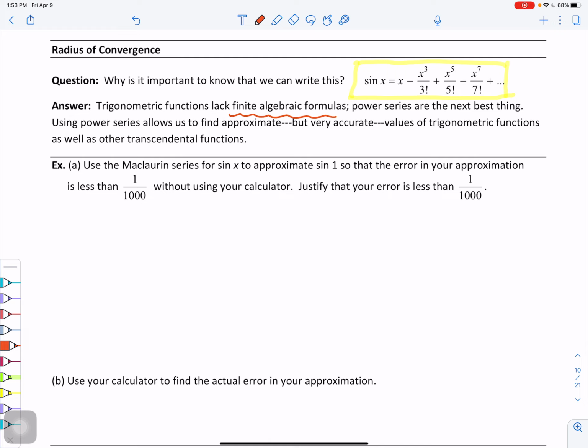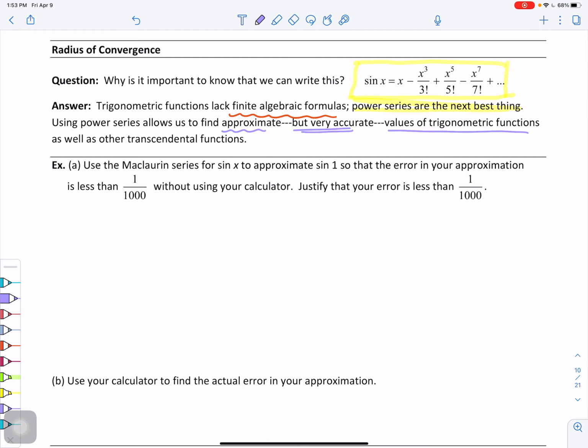So power series are the next best thing. Now, using power series allows us to find approximate but very accurate values of trig functions as well as other functions. So let's go ahead and see how this works.